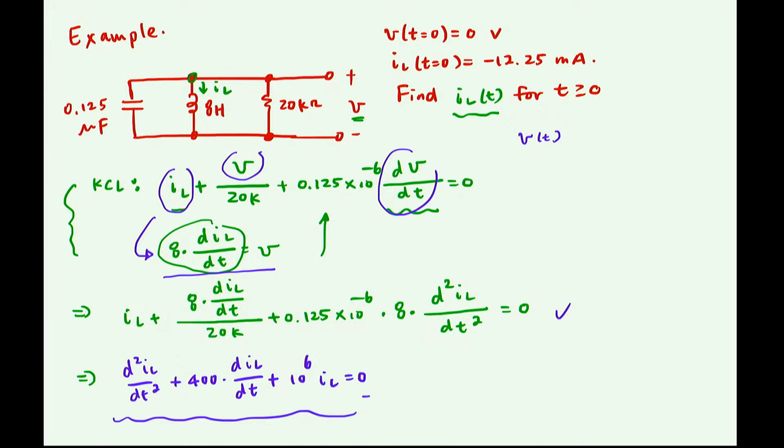Okay, the constant term is equal to 0 because in this circuit we have non-zero initial conditions, but we don't have external excitation. So we don't have a voltage source or a current source. So the constant term is equal to 0. Then we only need to look for the homogeneous solution in this case.